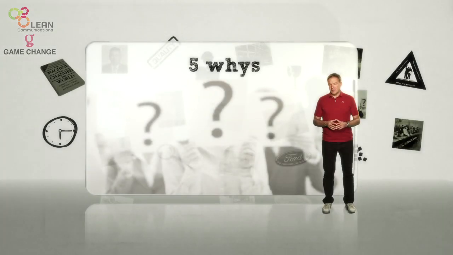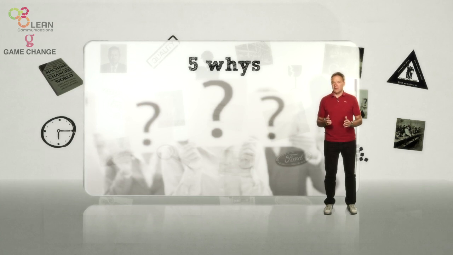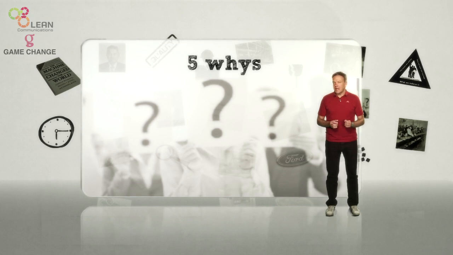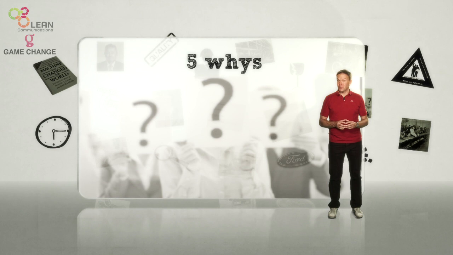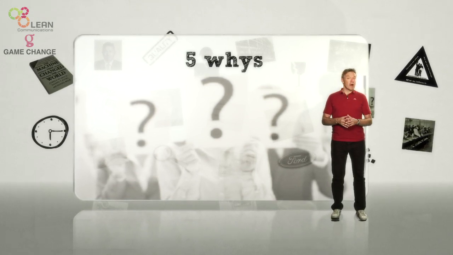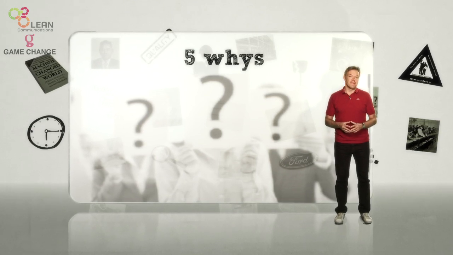5 whys. The 5 why analysis is a method used to find the original cause of problems in a process. The method is based on progressively asking why until one has found the root cause of the problem. Sometimes 3 whys are enough, while at other times there might be more than 5.